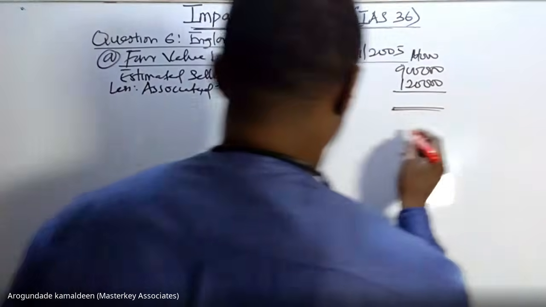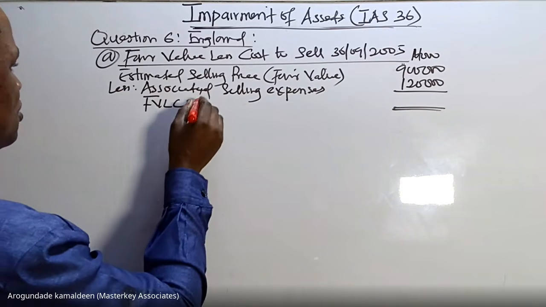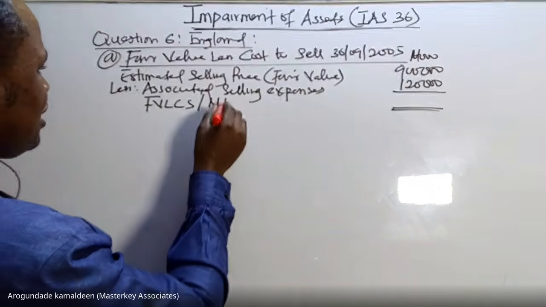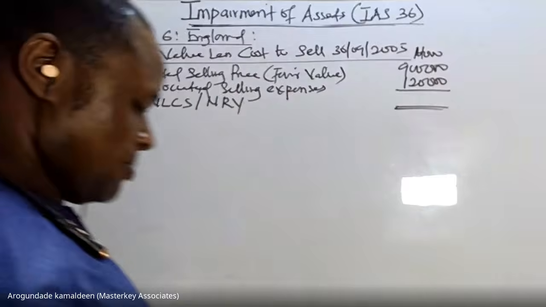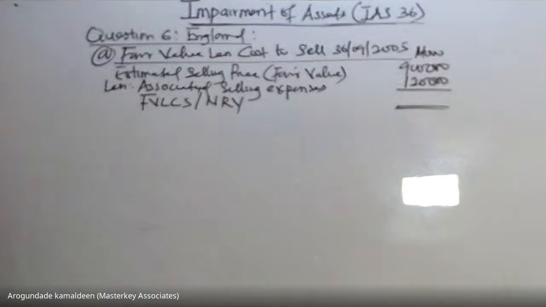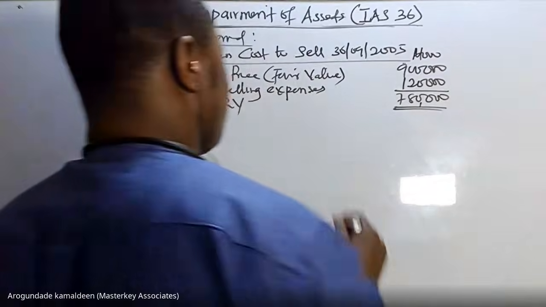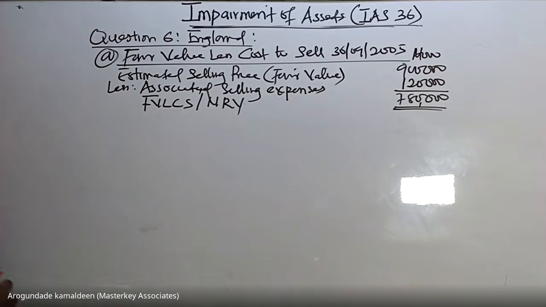So the fair value less cost to sell, or net realizable value, class, that's how much? 780 million. Thank you. 780. That is that. Okay.